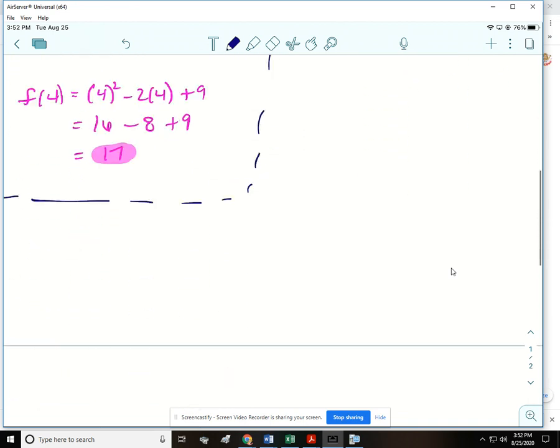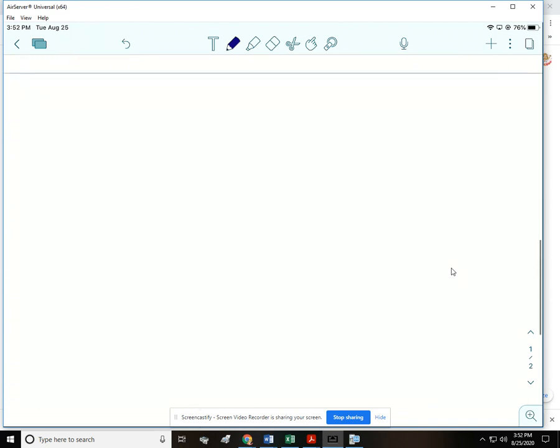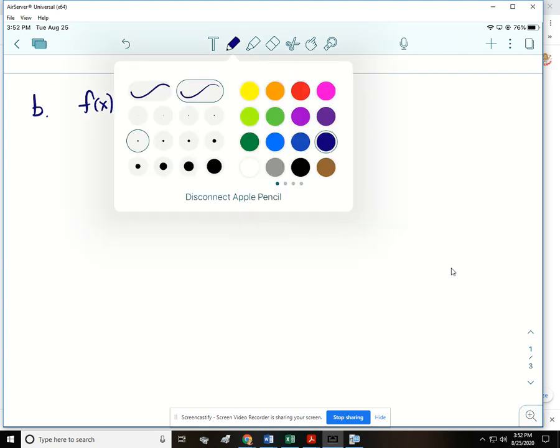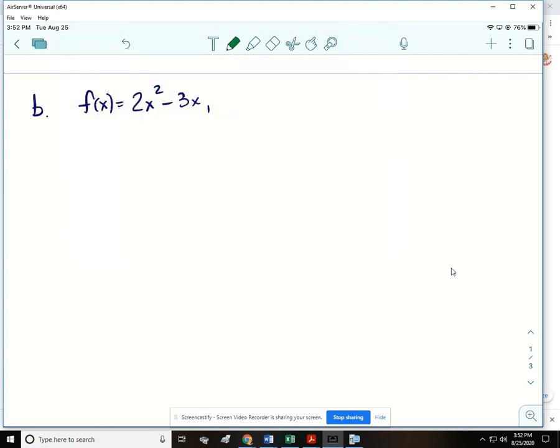Alright, I'm going to do another one for b. So this time, our function is 2x squared minus 3x. And our difference quotient is f of x plus h minus f of x over h.